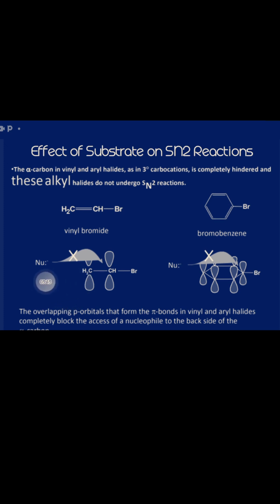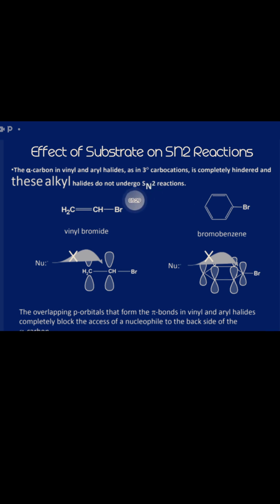You can say that this is the most important point, that the alpha carbons do not allow the nucleophile to attack on the substrate. That's why 3-degree carbons, 3-degree carbocations, do not allow SN2 reaction. This is the effect of substrate.